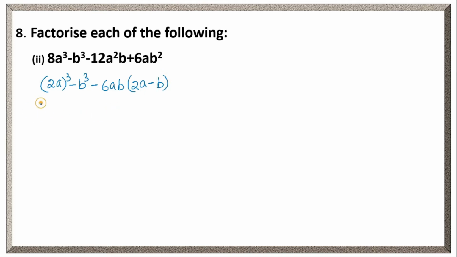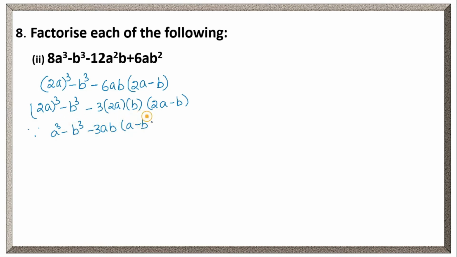Now this can be written as (2a) whole cube minus b cube minus 3 into 2a into b into (2a minus b), which is in the form of a cube minus b cube minus 3ab into (a minus b) is equal to (a minus b) whole cube.